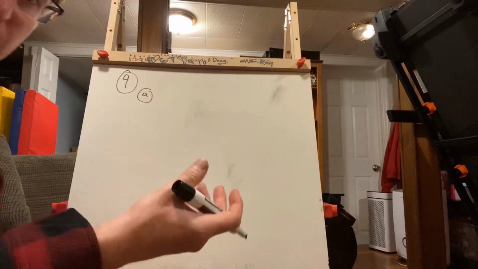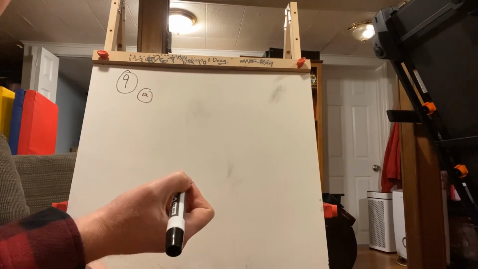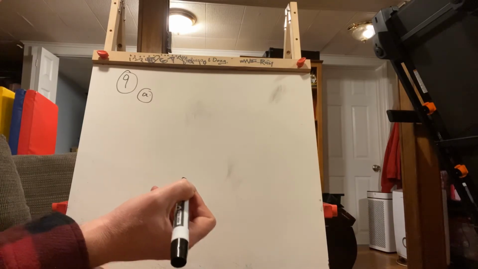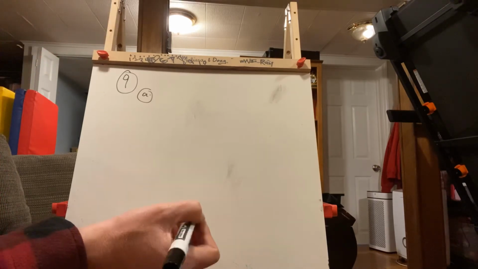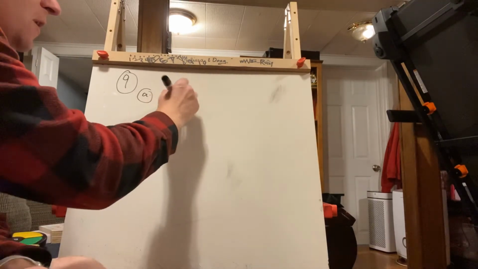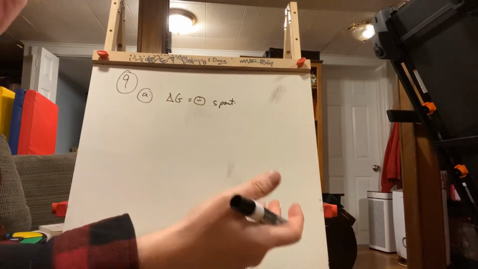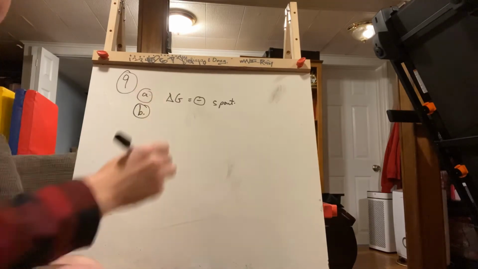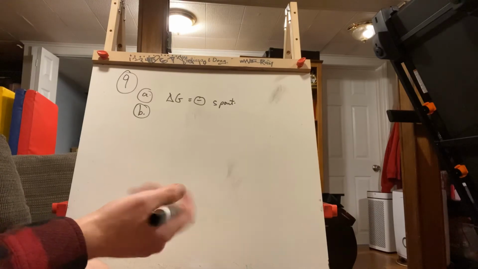If you put water in a freezer that's at negative 15, that water will freeze. That is a spontaneous thing that'll happen. Therefore, delta G is negative because it's spontaneous. It's going to go all the way to the end. You're not going to have really any liquid left over. It's going to be frozen.